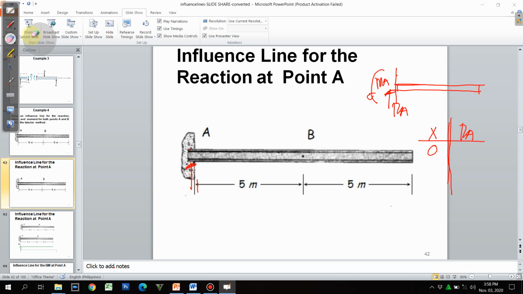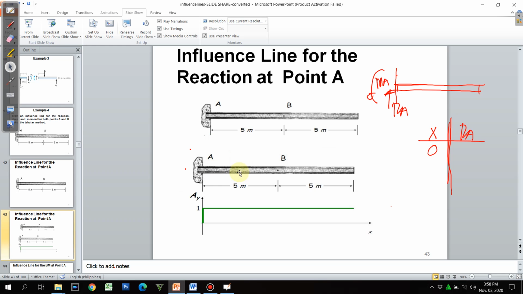Or anywhere in the beam, your RA would still be equal to 1, anywhere until the far end here. So therefore, all throughout the beam, the value is equal to 1. So your influence line would be like this. 1 all throughout. So this is the influence line diagram for the reaction at A.